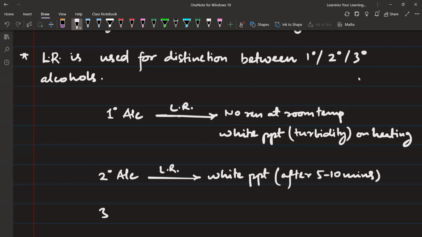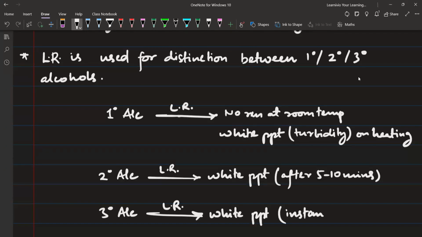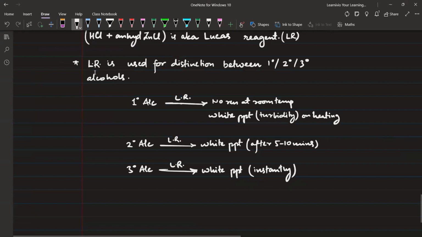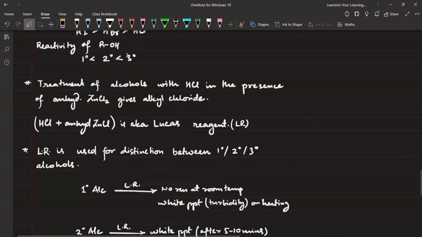But if you use 3 degree alcohol and Lucas reagent, then white PPT is formed immediately or instantly. It doesn't take any time to form white PPT. Why? Because we have already seen that the reactivity of alcohol depends on 1 degree, 2 degree, or 3 degree. 3 degree is faster, that's why it reacts very quickly with Lucas reagent.